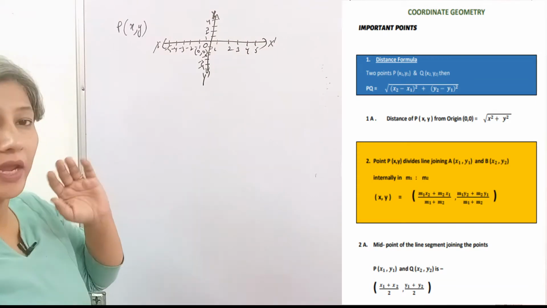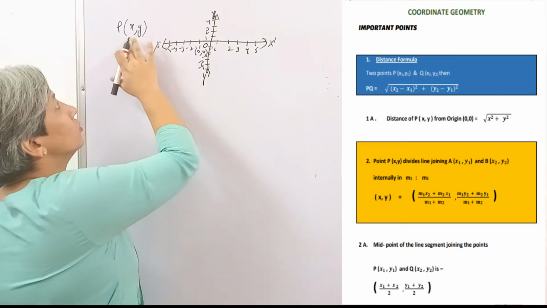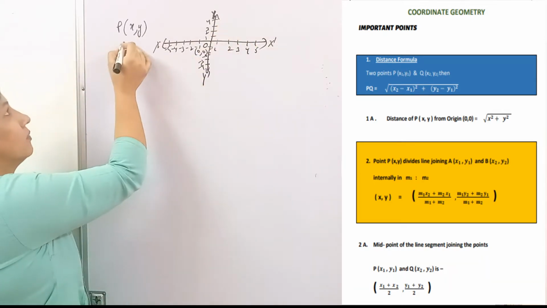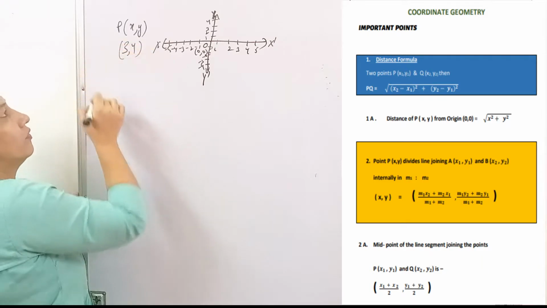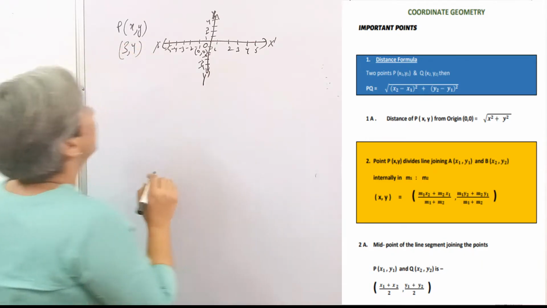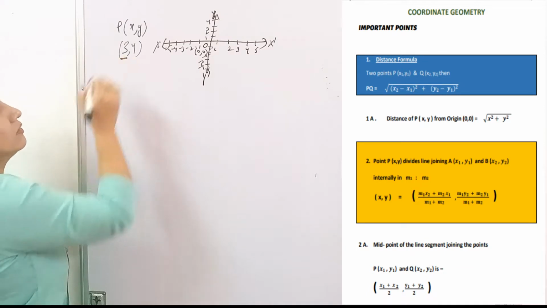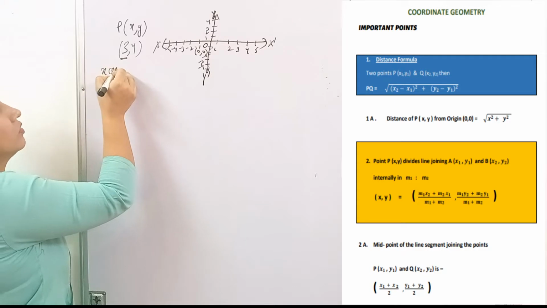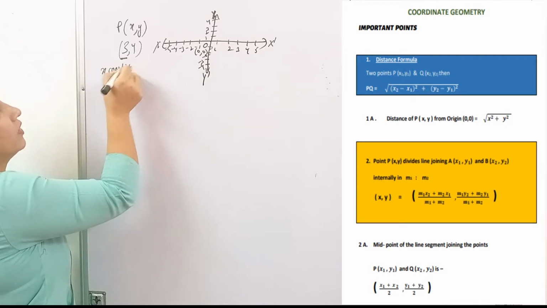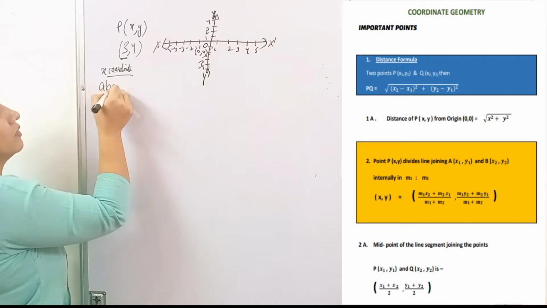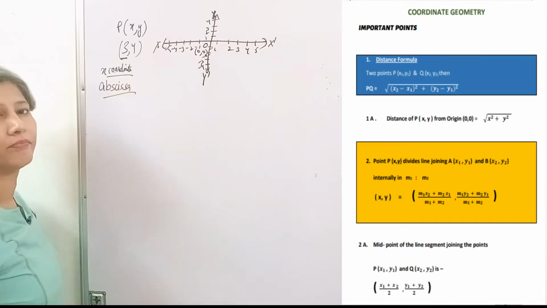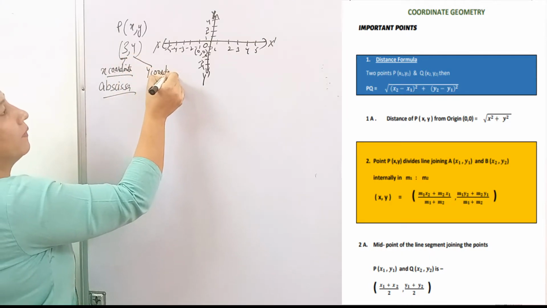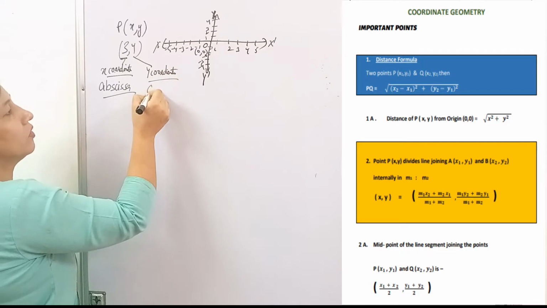Now for any point to be plotted, we need to see the distance on our x and y axes. Say P(x, y) is P(3, 4). First of all, this is called the x coordinate, and another name for it is abscissa. In the same way, this is my y coordinate and another name is ordinate.